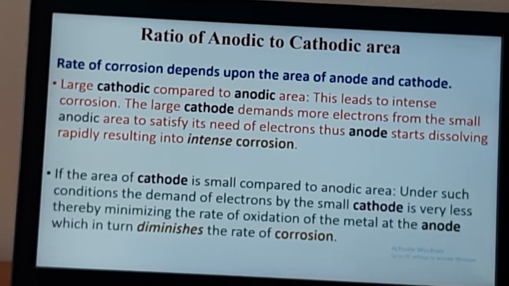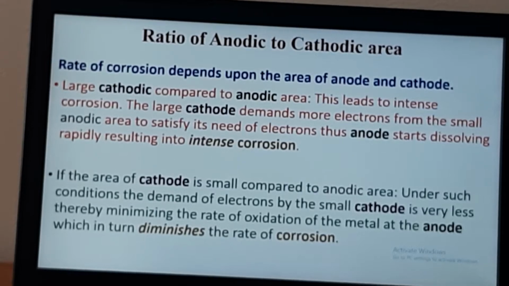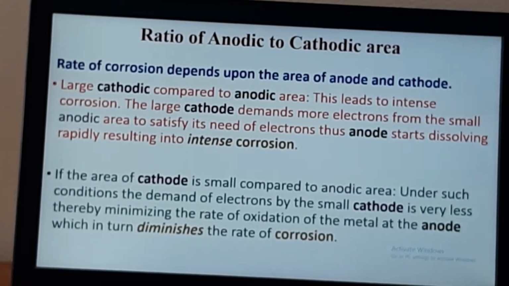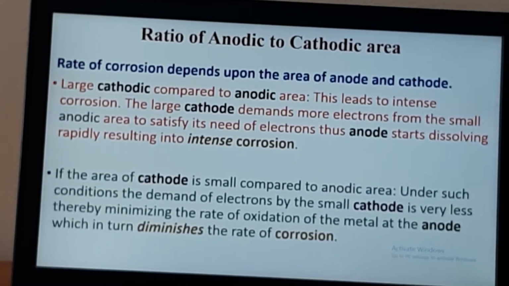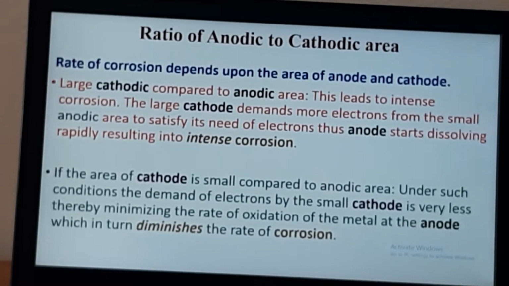On the contrary, a small cathodic area demands fewer electrons, and this diminishes the rate of corrosion.